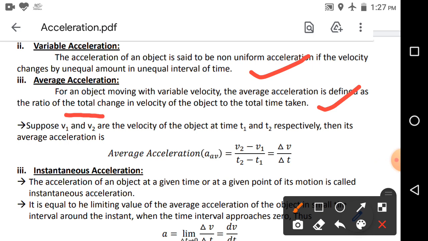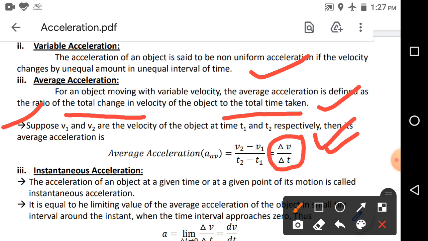Suppose v1, v2 are the velocities of an object at times t1, t2. Then its average acceleration is a average equal to change in velocity by total time taken. Change in velocity means v2 minus v1, and time is t2 minus t1, that is delta v by delta t.